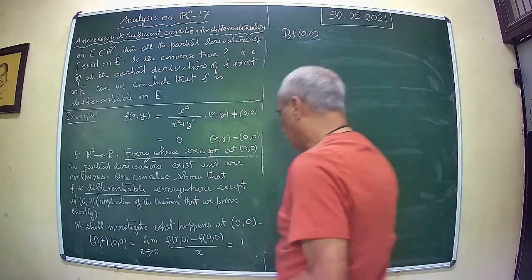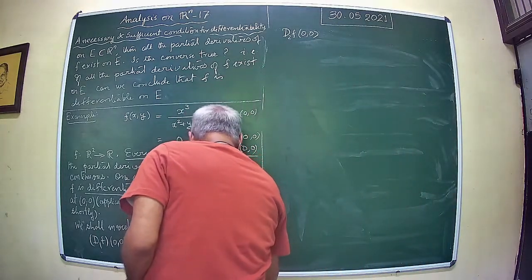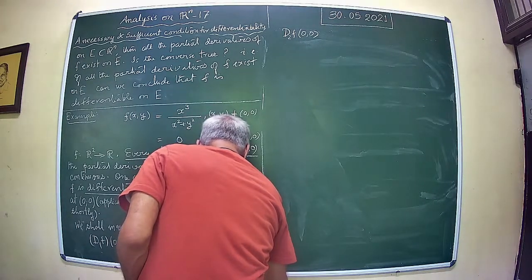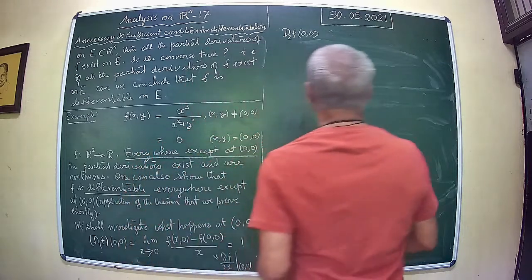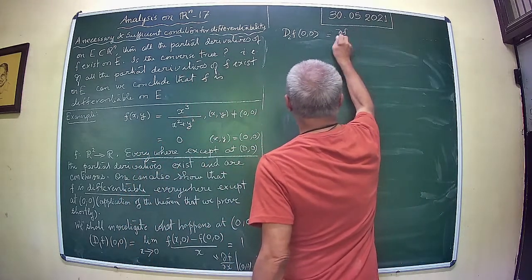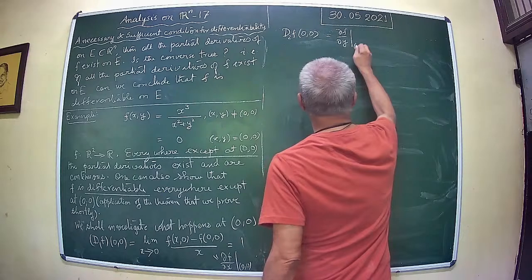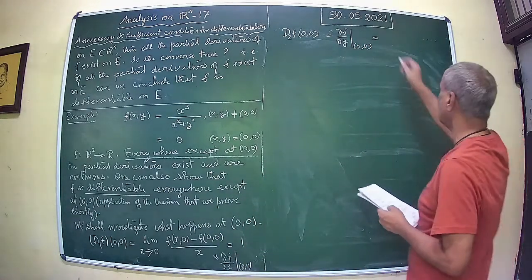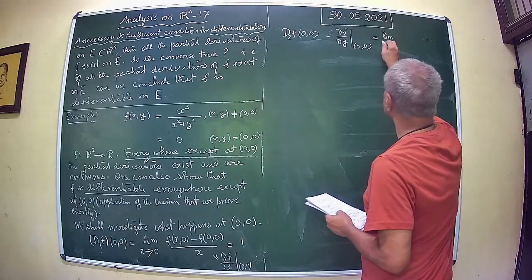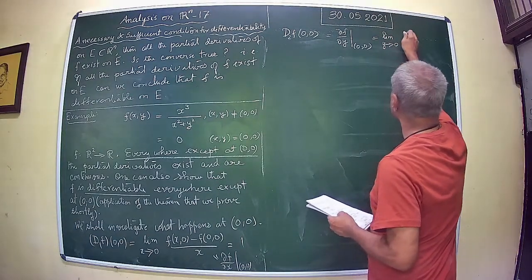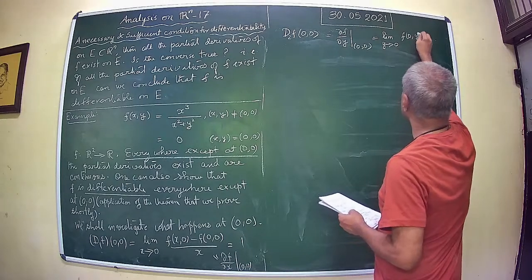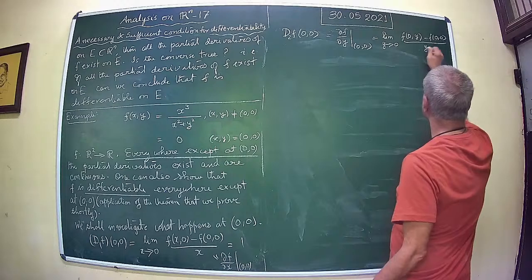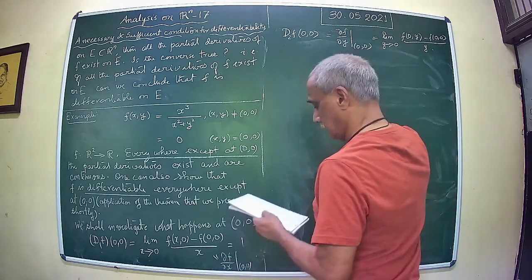That is, this is equal to, which is equal to, which you know is 0.